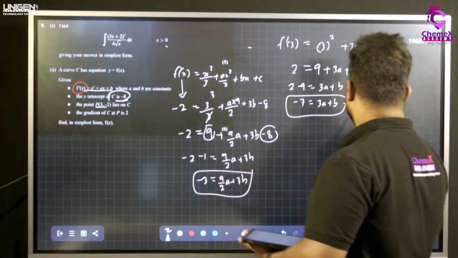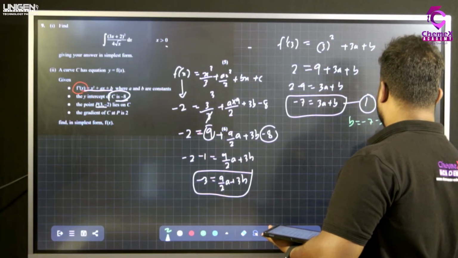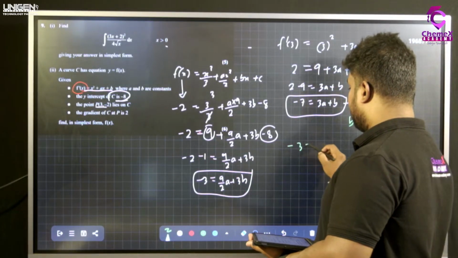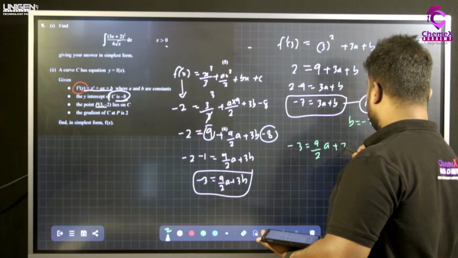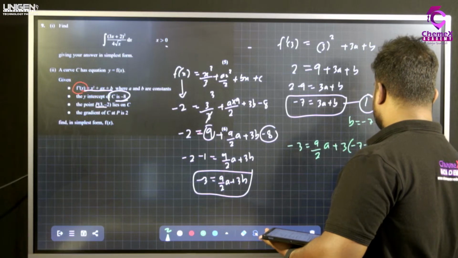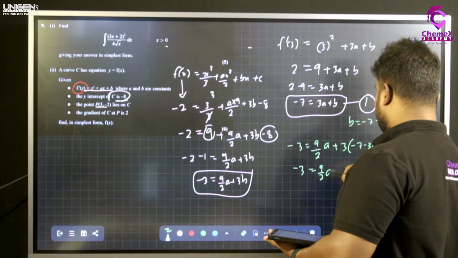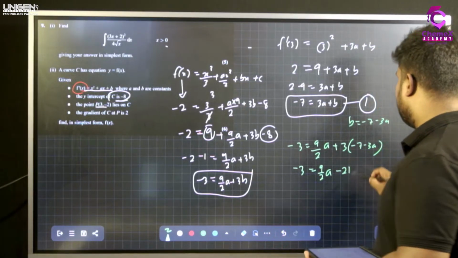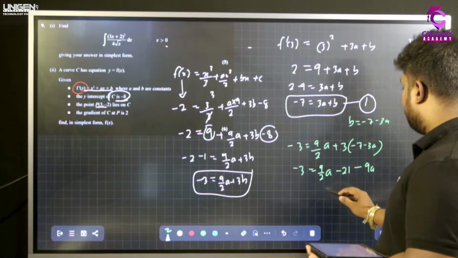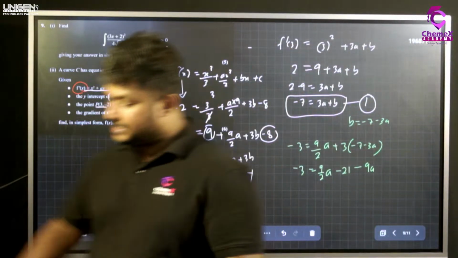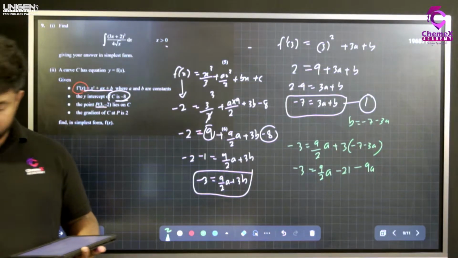So here you can write b is equal to minus 7 minus 3a, and then minus 3 equals 9 over 2a plus 3 times minus 7 minus 3a. So minus 3 is equal to 9 over 2a minus 21 minus 9a. So 9 minus 9a means minus 9 over 2.